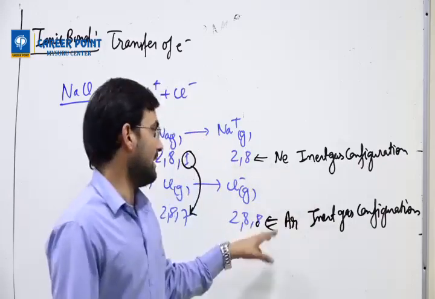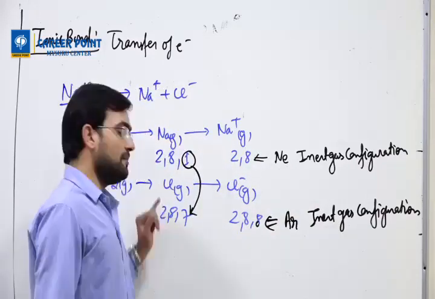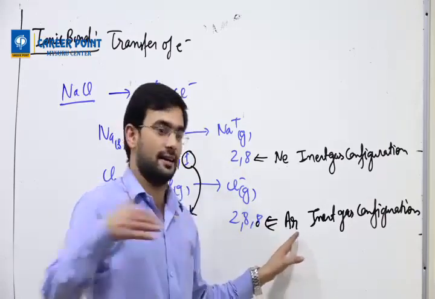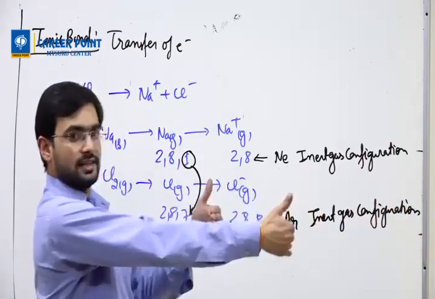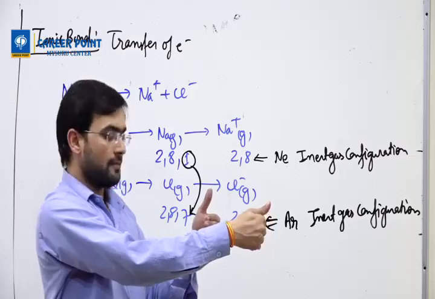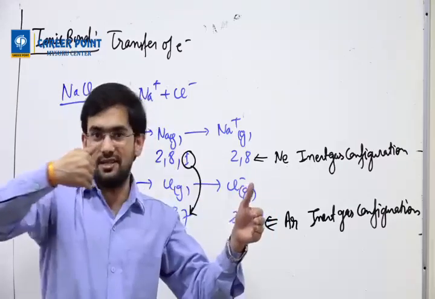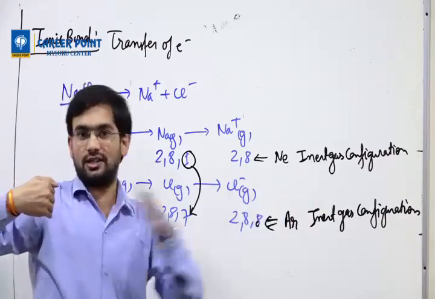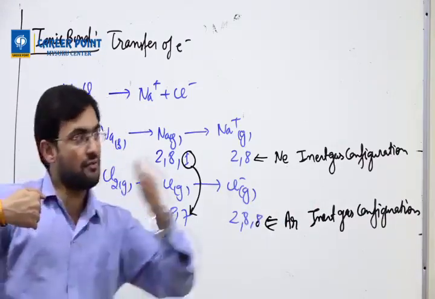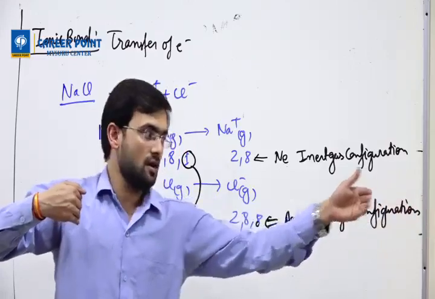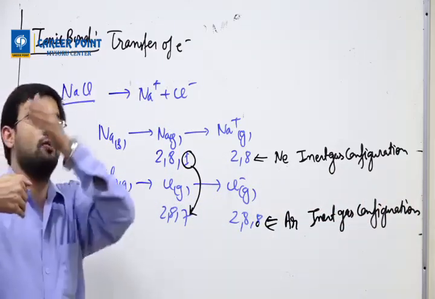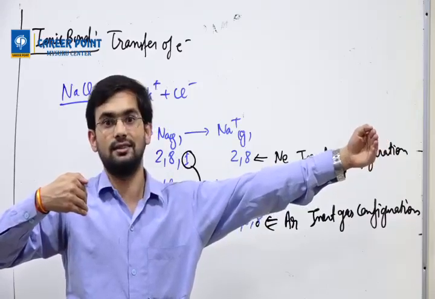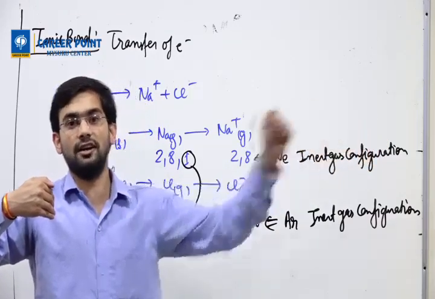Chlorine belongs to the third period, so it goes to the third period inert gas, because chlorine is here, argon is here. Sodium is also in the third period, but it is very far from argon. It is very near to the one step above, second period, neon gas.